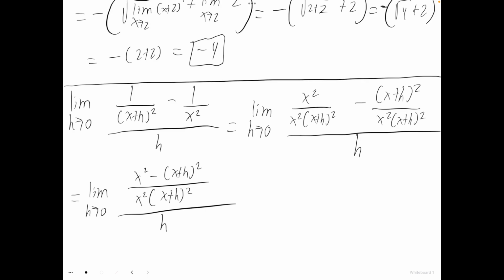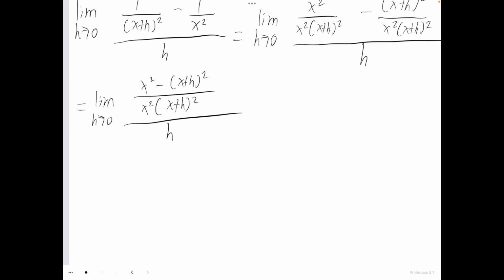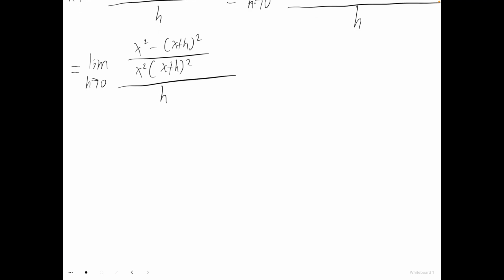Now we're going to do a trick to fix the problem that we have a mixture of fractions here. Remember that when we have a division, it's the same as multiplying by the reciprocal. So this is equal to the limit as h goes to 0 of x squared minus (x plus h) squared divided by x squared times (x plus h) squared. Then I was dividing that by h, which is the same as multiplying by its reciprocal, 1 over h.